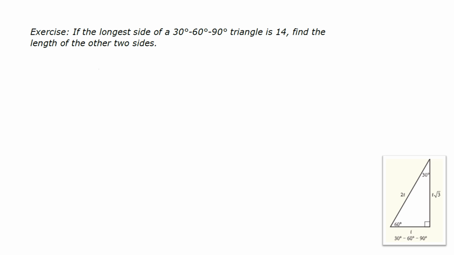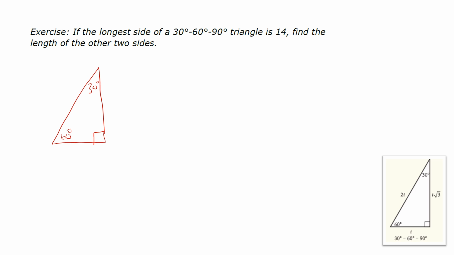So I know I'm dealing with a 30, 60, 90 triangle. So I'm going to set up my triangle here, and I'm going to match it to our example in the corner here. So I have 60 at the bottom, 30 at the top, and my right angle.